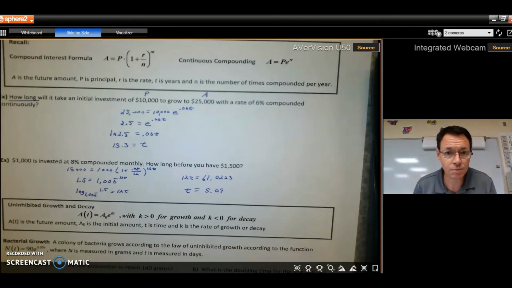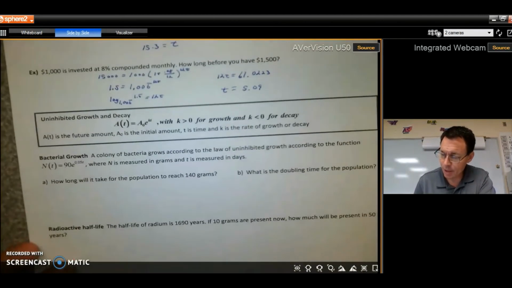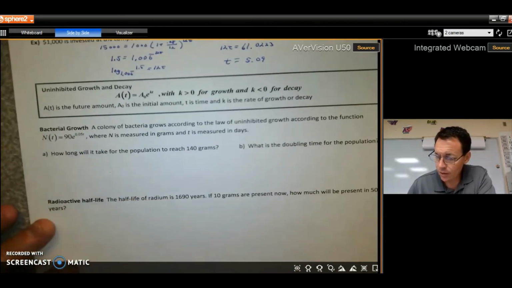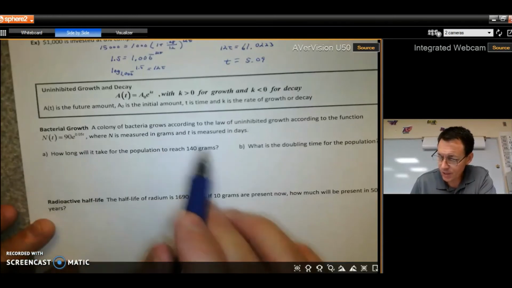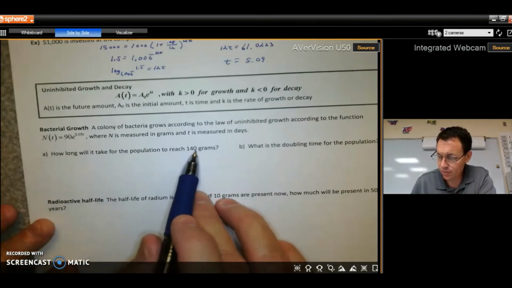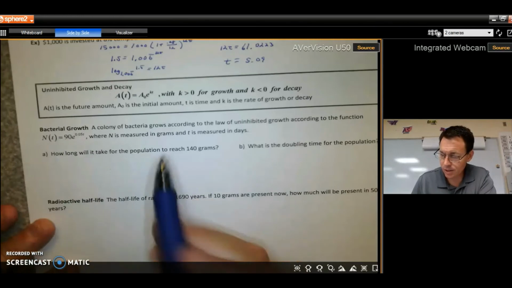Okay, so those are some money problems. Let's take a look at the growth and decay problems that we looked at earlier. This is the same problem we had earlier. We have a colony of bacteria growing at a certain rate. How long will it take for the population to reach 140 grams? This is our initial amount, 90. We want to know how long before our future amount is 140.